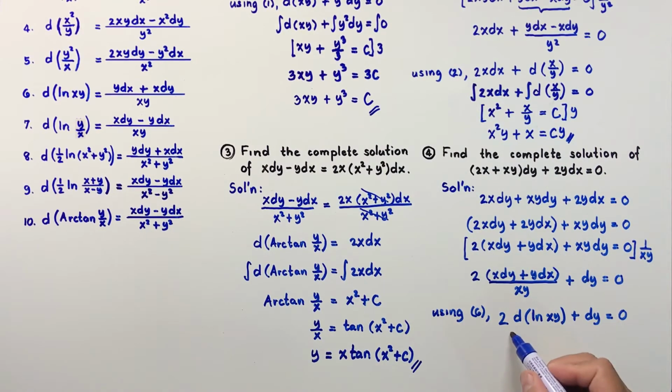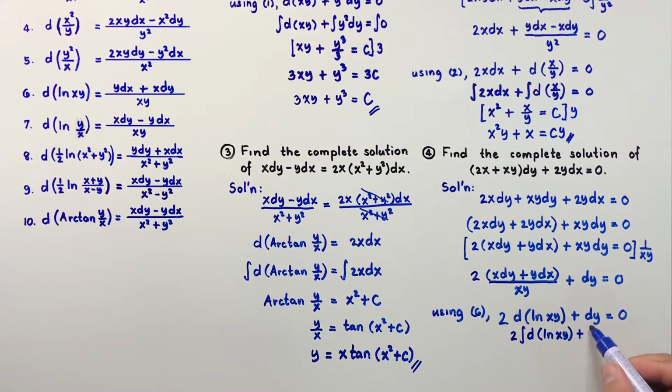And taking the integral of each term in this equation here, we have 2 times the integral of the differential of the natural log of x times y plus the integral of dy, which is equal to the integral of 0.